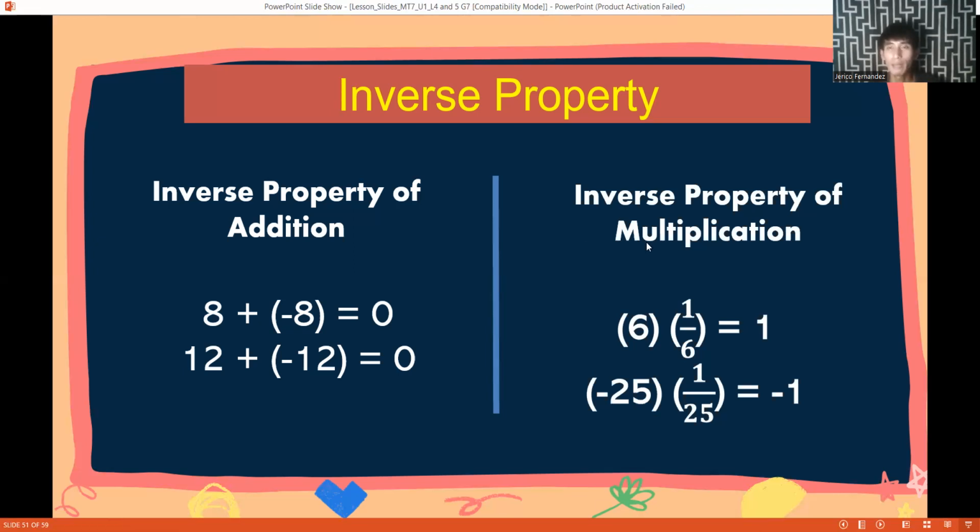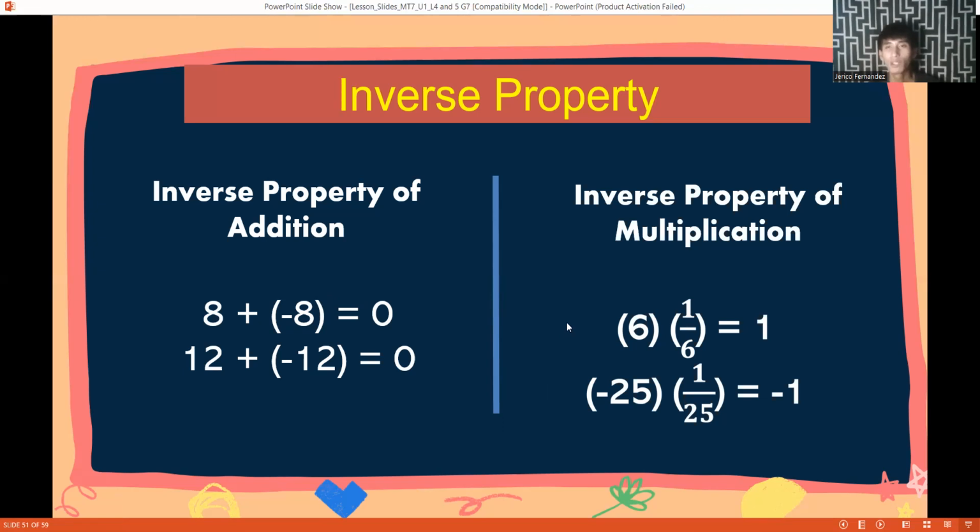So kapag ginamitan natin sila ng reciprocal, magiging 1 over 6. So if 14, 1 over 14. 24, 1 over 24. So lahat ng reciprocal nila is 1 over itself. So inverse property of multiplication, para malaman yun, kailangan kapag pinag-multiply natin yung reciprocals, ay 1 ang sagot. So as you can see, 6 times 1 over 6 is equal to 1. So that's inverse property of addition and multiplication.